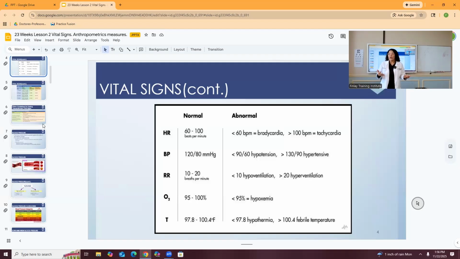But if I had the diagnosis of hypertension and I'm taking 2 or 3 medications for blood pressure, I know as a medical assistant that this patient's blood pressure probably is going to be above 130/90 because this patient has the diagnosis of hypertension.